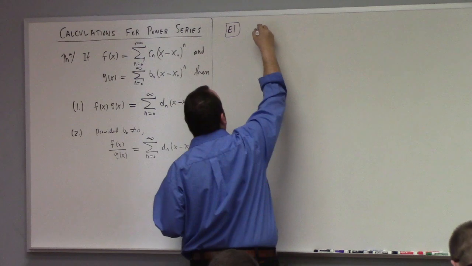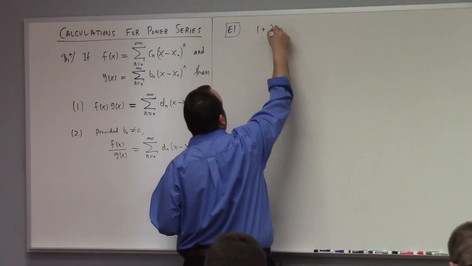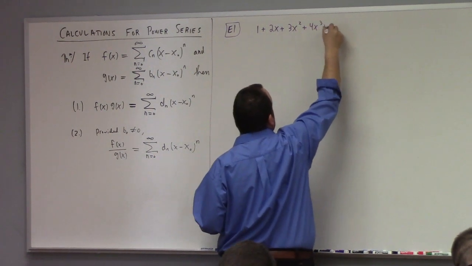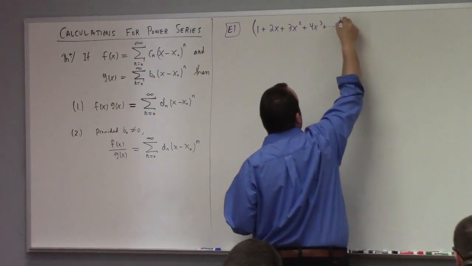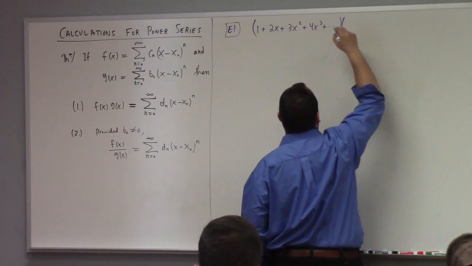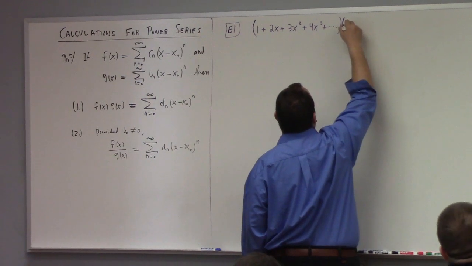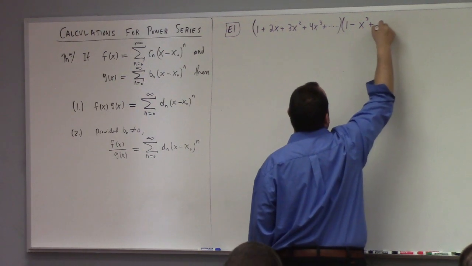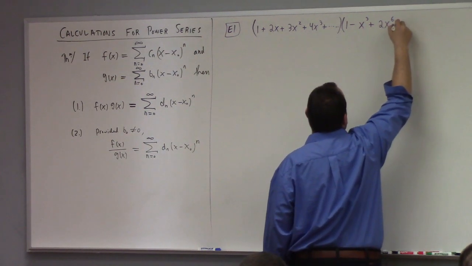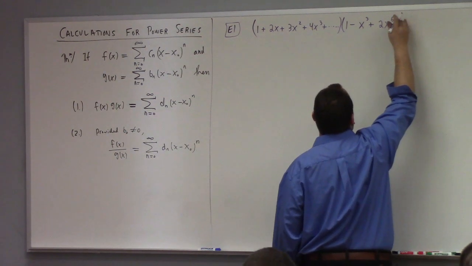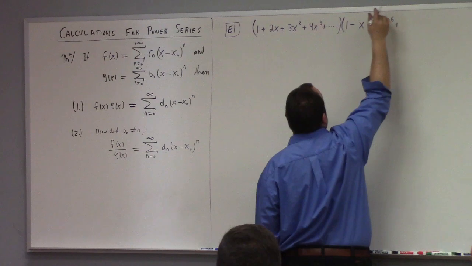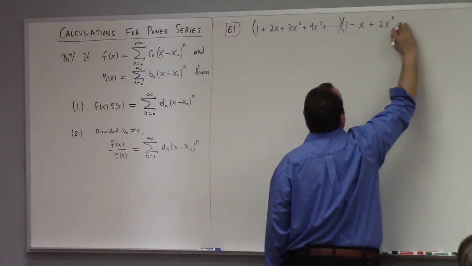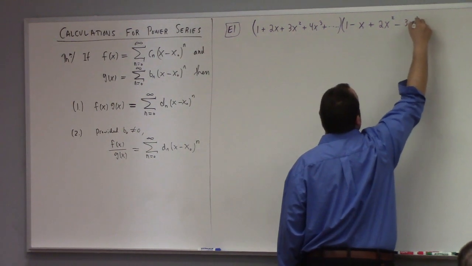Let's suppose we had 1 plus 2x plus 3x squared plus 4x cubed plus dot, dot, dot. I'm going to take that power series and multiply it by, let's say, 1 minus x plus 2x squared minus 3x cubed plus dot, dot, dot.